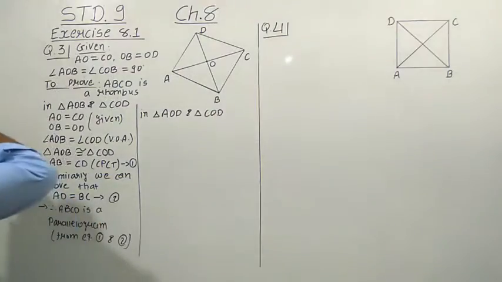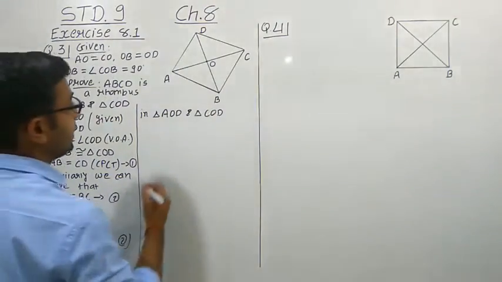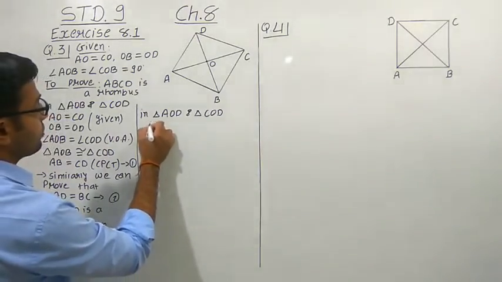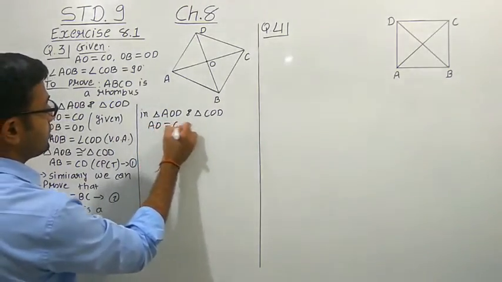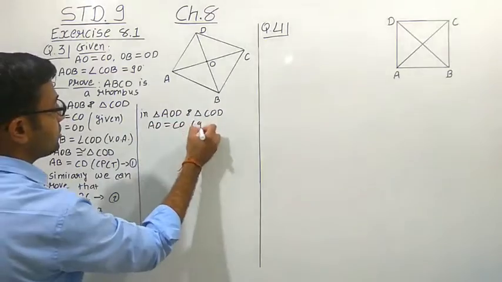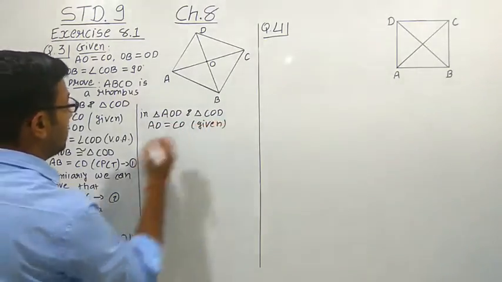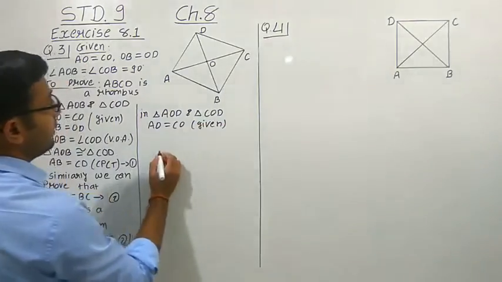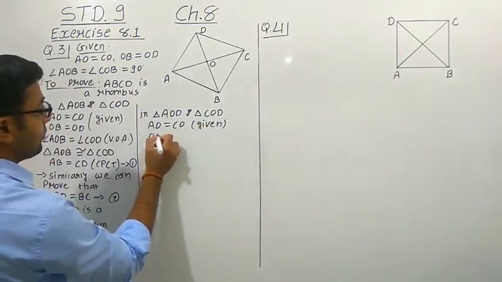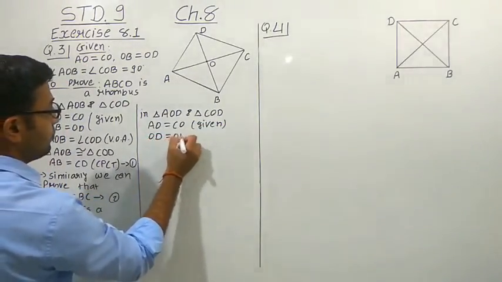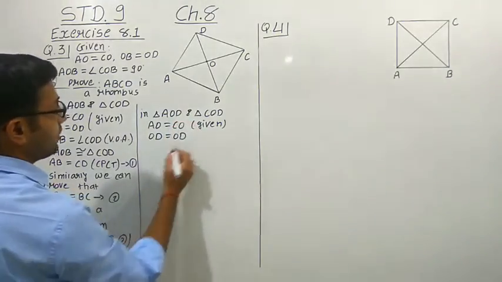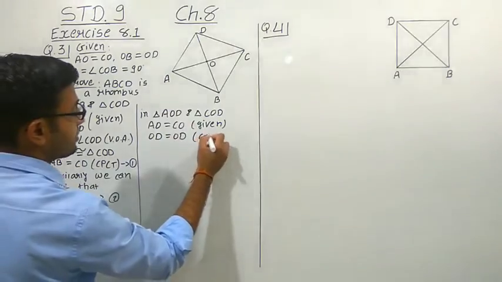Now what are the conditions? We can write here that AO is equal to CO. This is the given condition. Then OD is equal to OD. This is the common side.